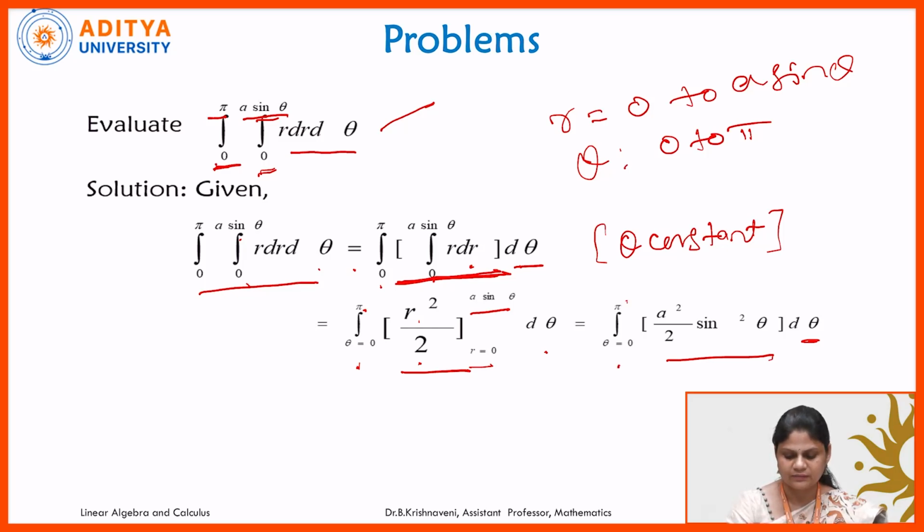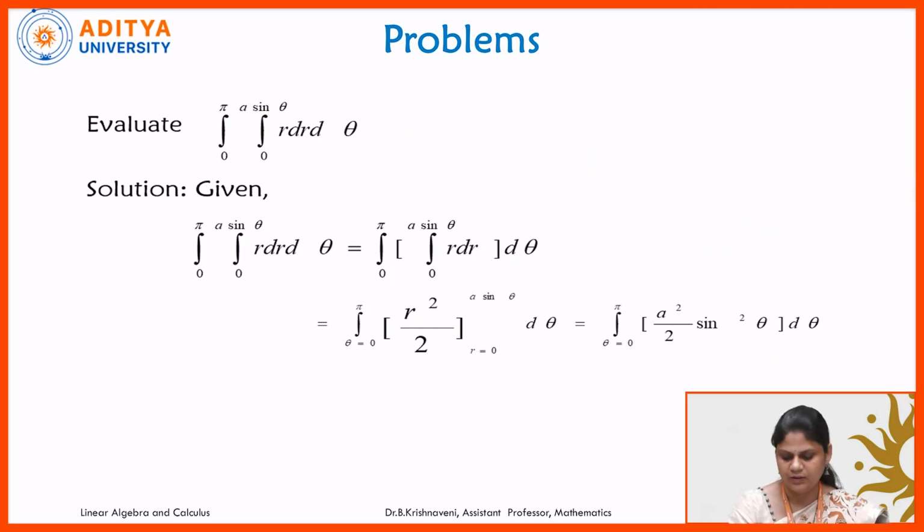So this will be equal to integral 0 to pi, and the r integration is r square by 2, where r limits are from 0 to a sin theta, d theta. That is equal to integral theta equal to 0 to pi.